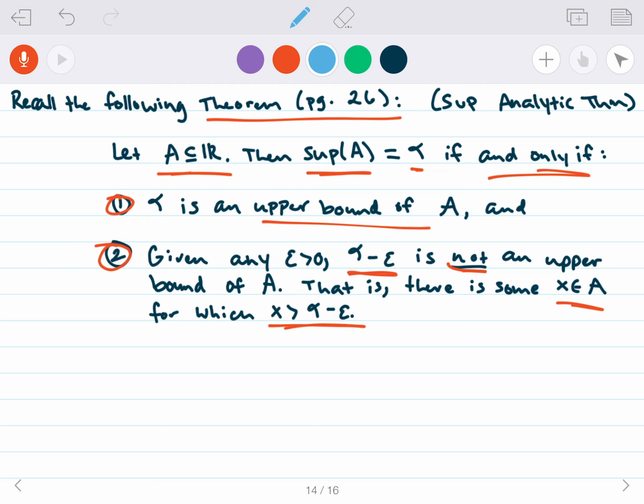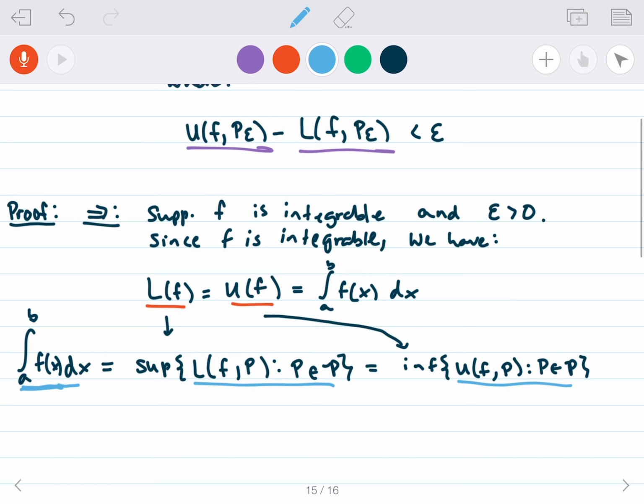And we have an epsilon bigger than 0. And so we can say that there's something in our sets so that that something is bigger than the sup minus epsilon. Or in this case, we're going to do epsilon over 2 so that we get some nice cancellations.